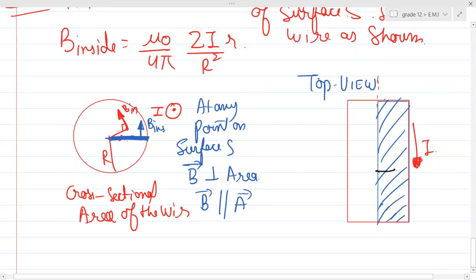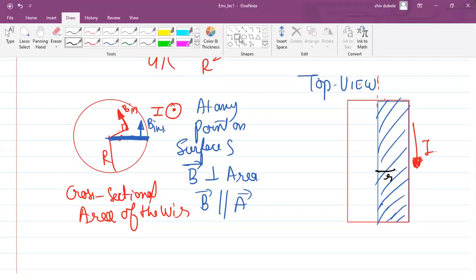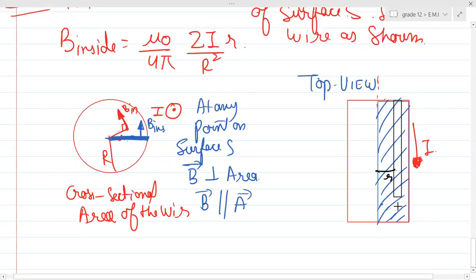At a distance r, there is a small elemental strip of width dr.